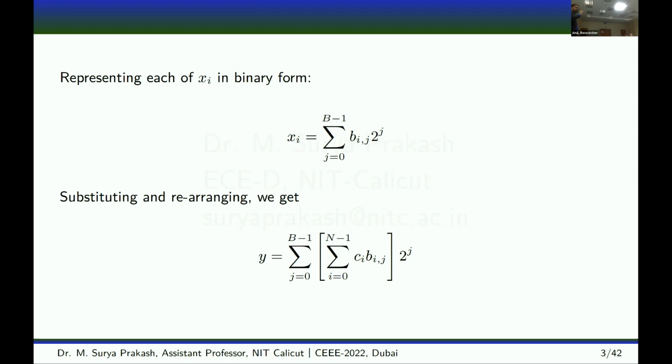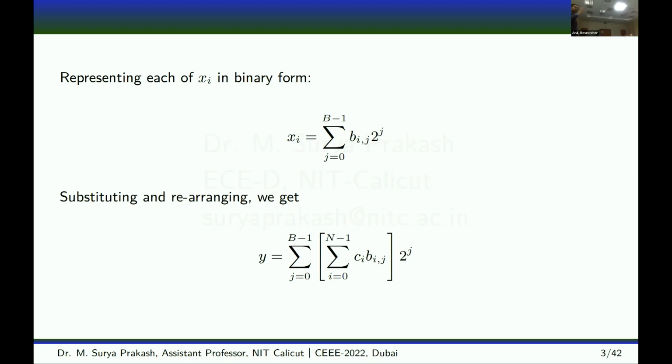Clearly we can see here the first summation, j equal to 0 to B minus 1. Here j is the index for the bit position, and i is the index for the element in each of the vectors. So a total of N elements are present in each vector, and each element is represented in capital B number of bits.